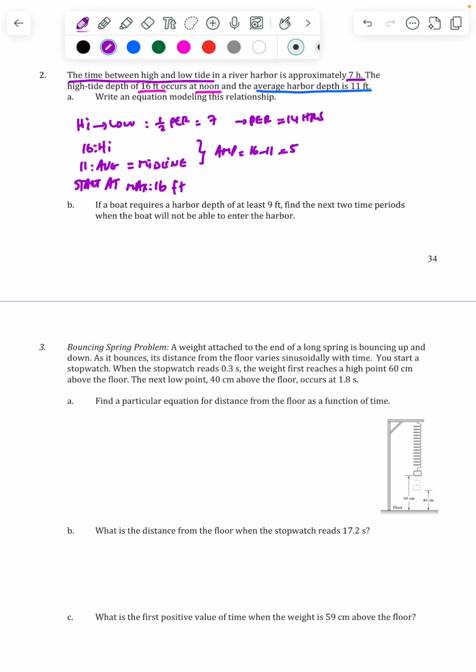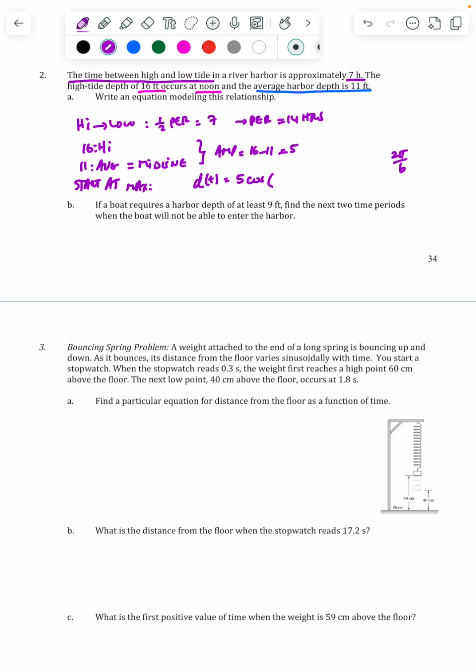So if we start at max, that means we're going to start with cosine with a positive amplitude. So let's put D of t. D of t is equal to 5, that's the amplitude, cos of what? Now think about 2 pi over b.